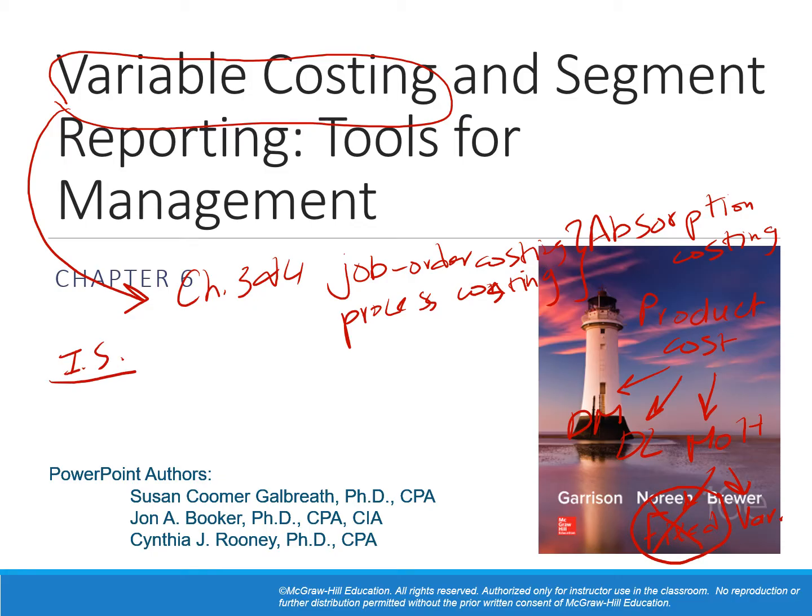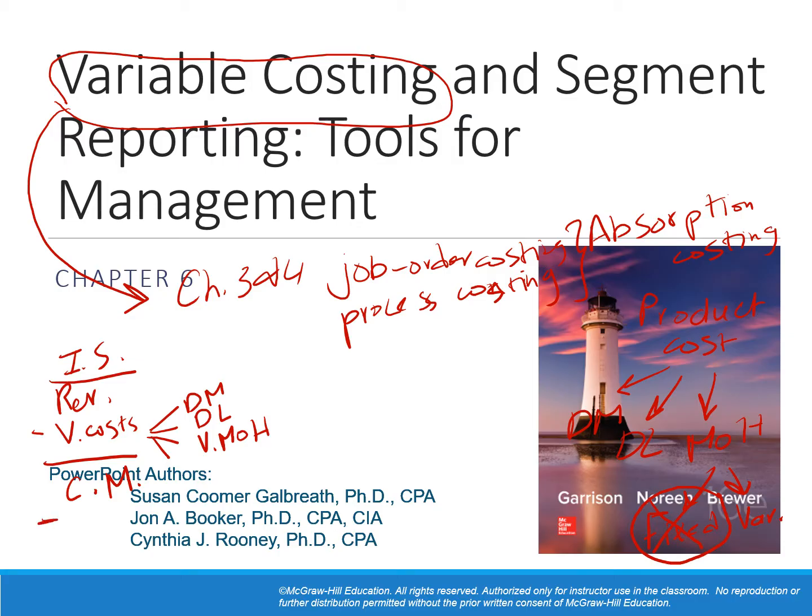So an income statement that follows variable costing would have revenues minus variable costs, and this includes several items like direct material, direct labor, variable manufacturing overhead, and so on. This will get us the contribution margin.